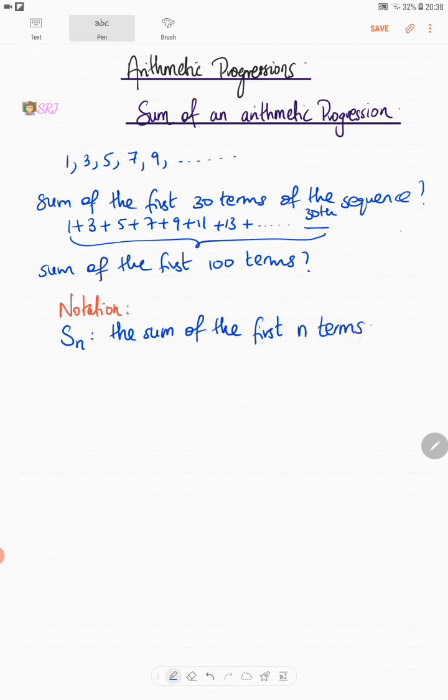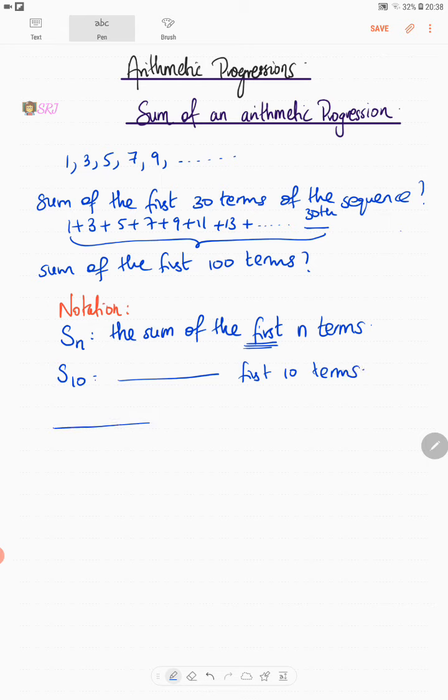You will see that we talk about the first n terms. So if we say S10, this means the sum of the first 10 terms in the sequence.